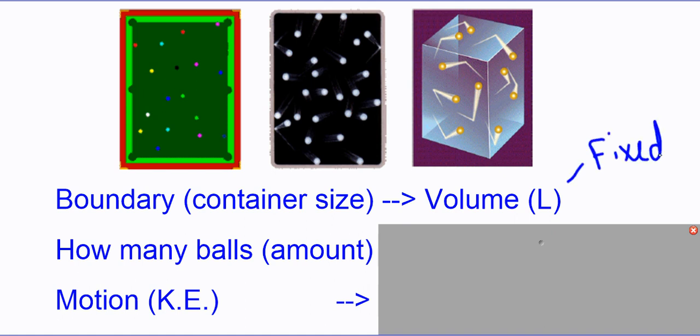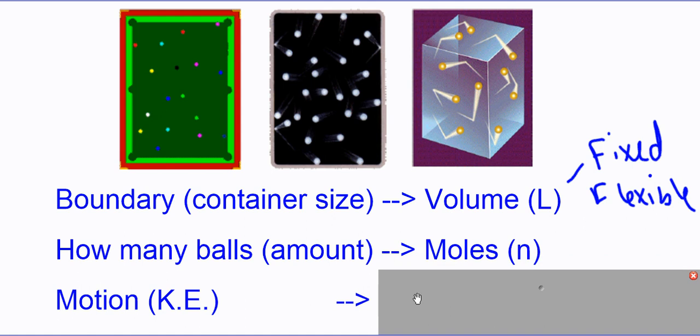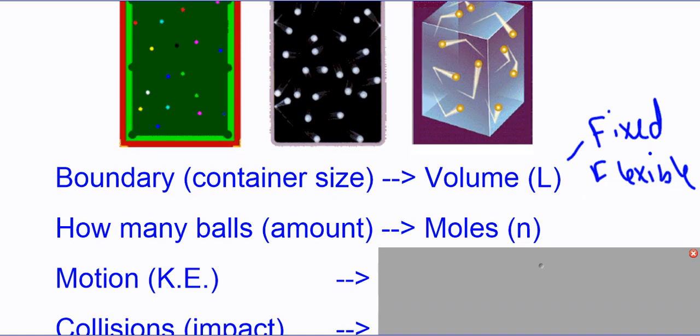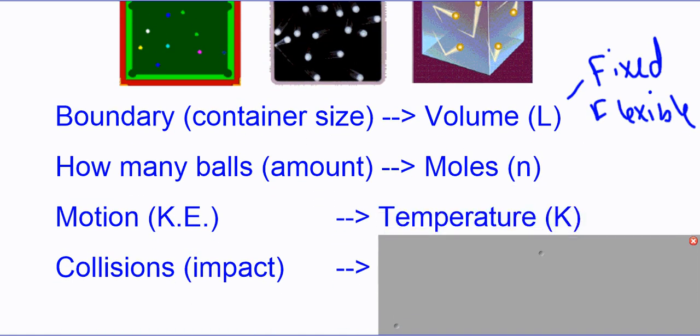So is it rigid or is it flexible here? How many balls are on the pool table, or how many gas particles are present, that's going to be moles. And how fast the gas particles are moving, assuming that without you hitting the balls on a pool table they would be moving, would be the temperature.